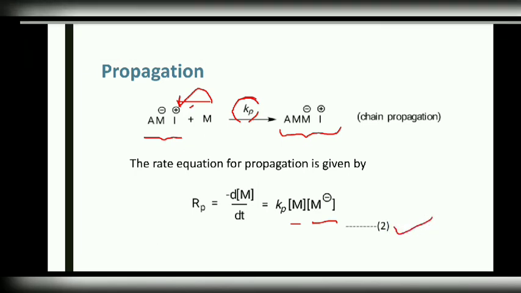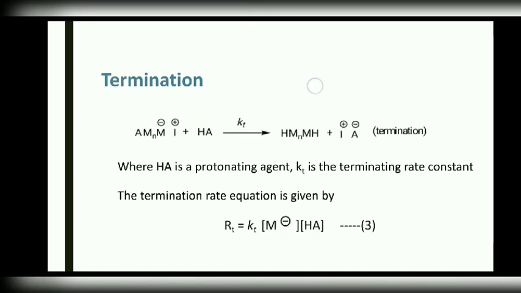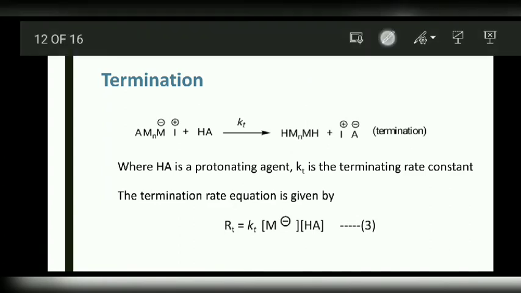Fine. Then the next step is we have to write the rate equation for the termination step. So here, if the termination occurs by the added impurity, see here this HA is the protonating agent.